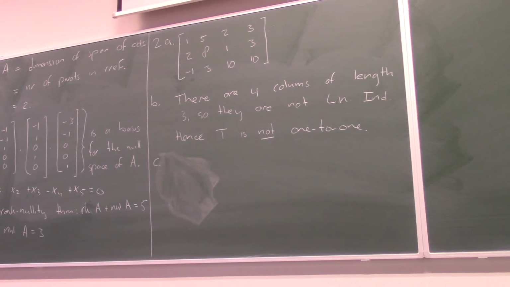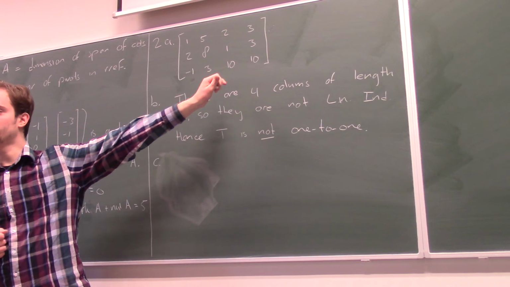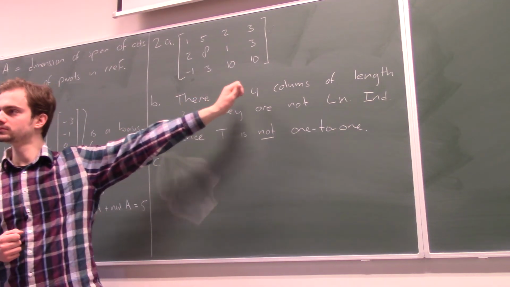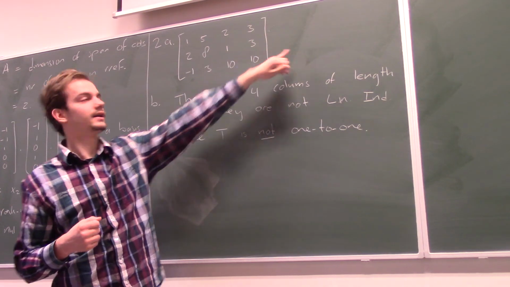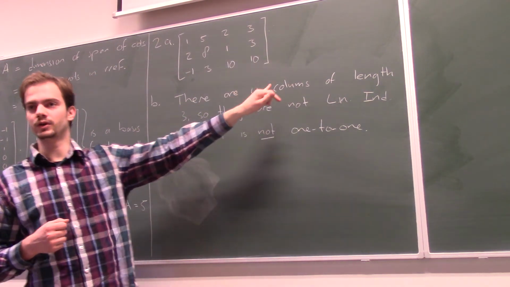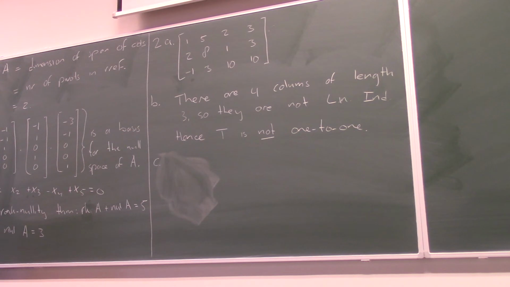Okay, so onto means we agree that this maps from R4 to R3, right? You start with a vector with 4 entries, and then if you multiply it by A, you get something with 3 entries. So R4 to R3. And onto means that everything gets mapped to.